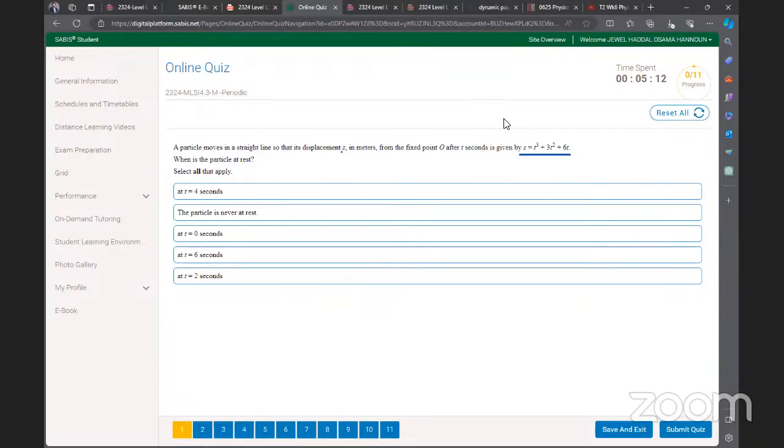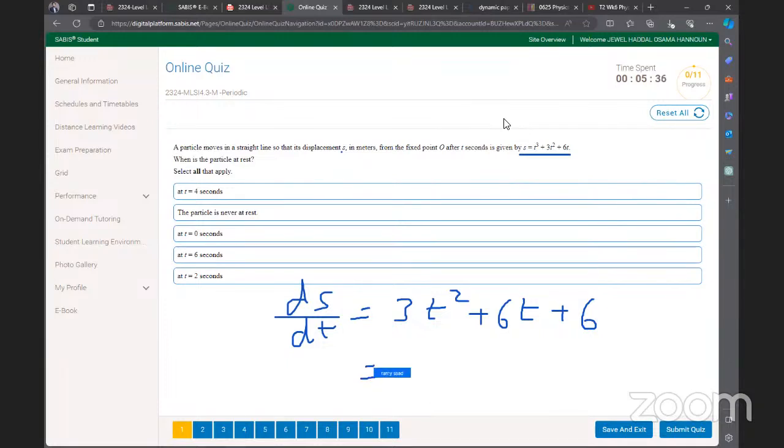Okay, so in order to get the velocity, you have to differentiate this, ds over dt, because you will differentiate for t. And then I will make it equal to 0.